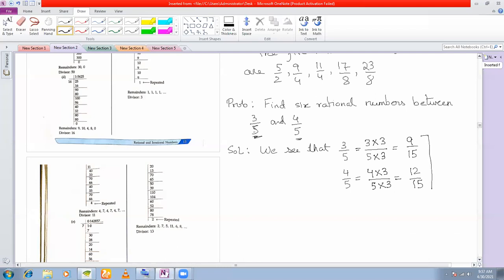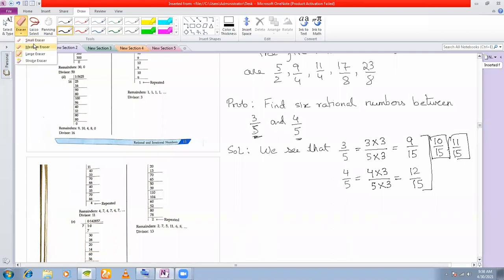Now see here in these two, 9 by 15 and 12 by 15, what are the fractions between them? They are 10 by 15 and 11 by 15 only. Again, we are only getting 2 fractions between 9 by 15 and 12 by 15, right? We are not able, but we need 6 fractions between those two numbers.